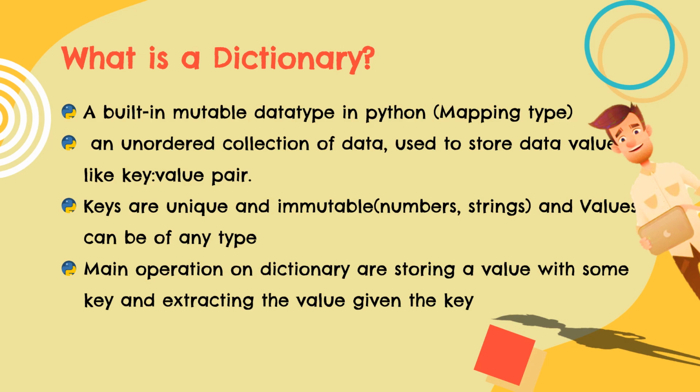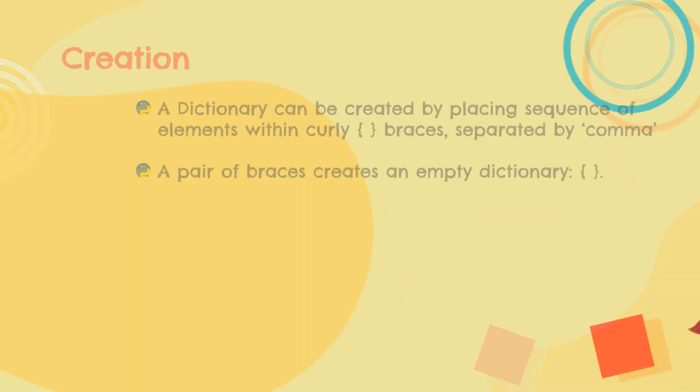Only values can be changed, not keys. The main operations on dictionaries are storing a value with some key and extracting the value given the key. So storing a value with respect to a key and retrieving that value with respect to that particular key is the operation performed on a dictionary.